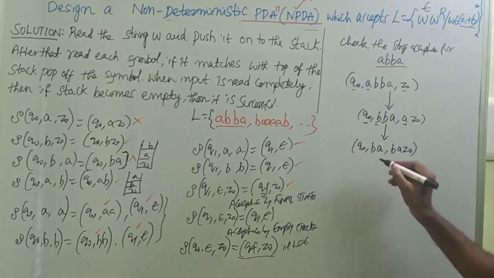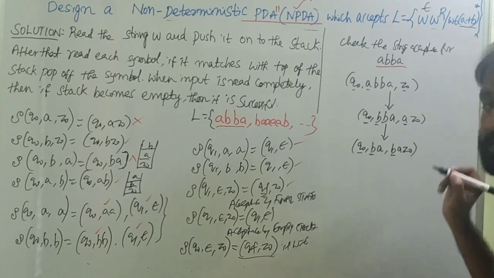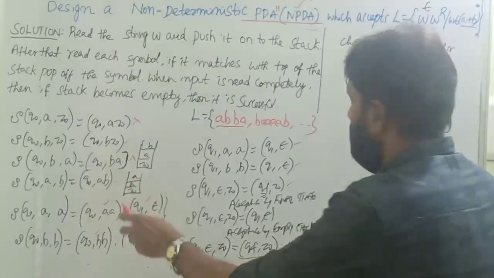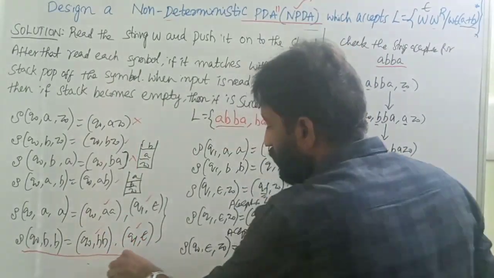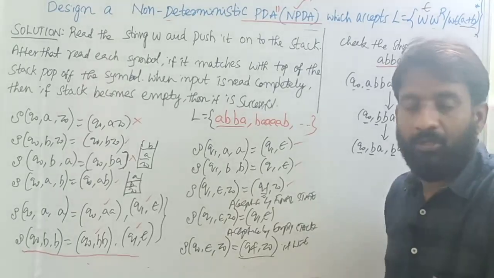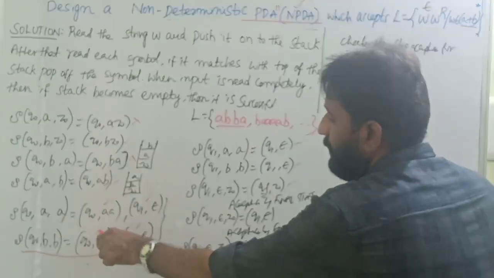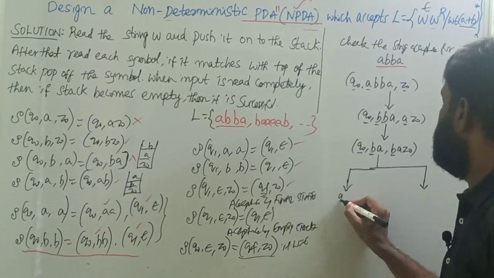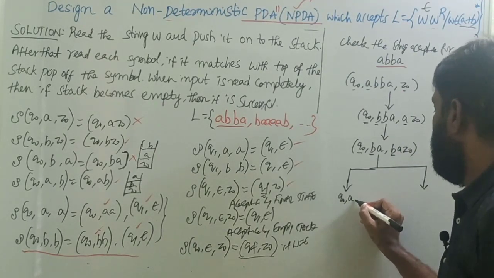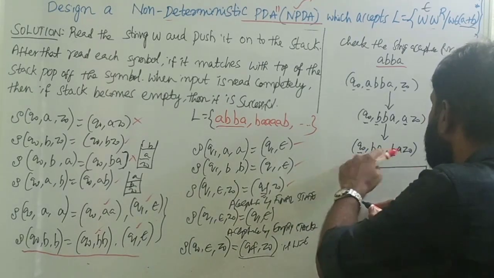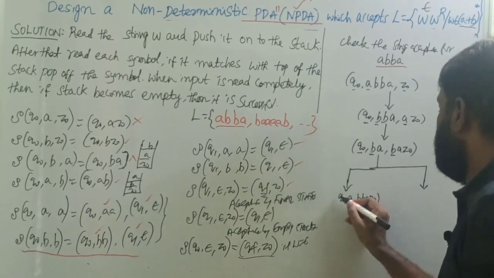Right. So the present state is Q0, input symbol is B, top of the stack is B. This case is suitable, and we have two moves. I mean, we have two options to process this string. So let's write the two options. One option is this one: state is Q0, next input symbol is A, and add B onto the stack, so it is BBAZ0.